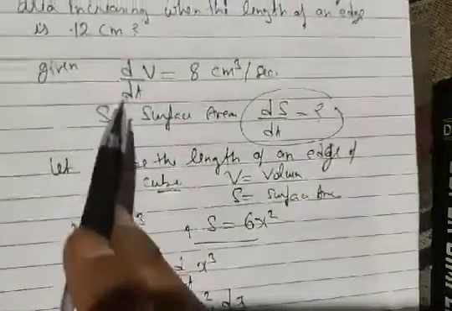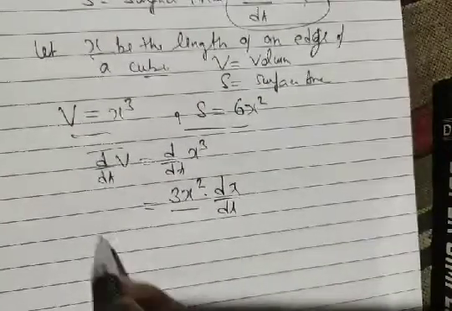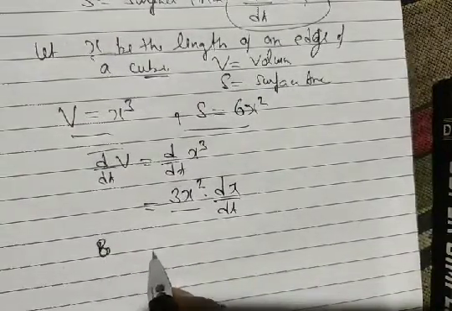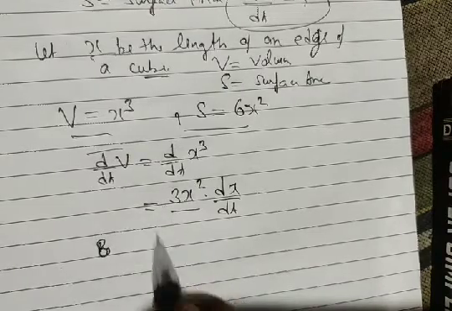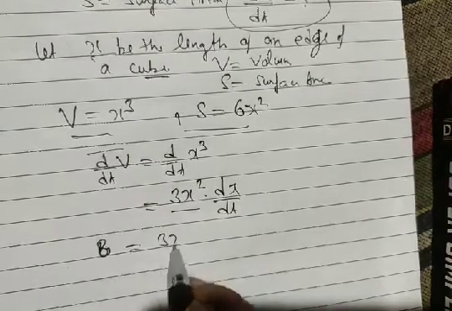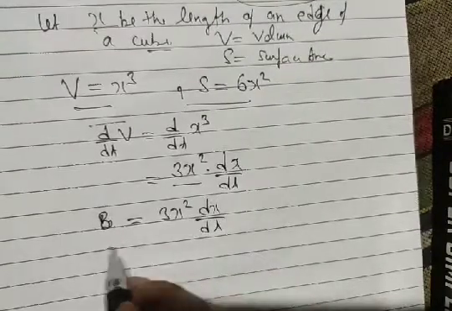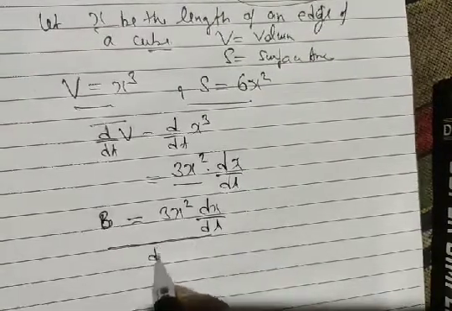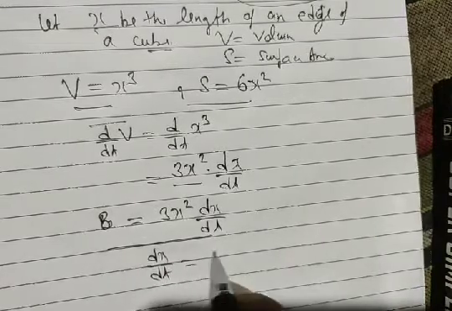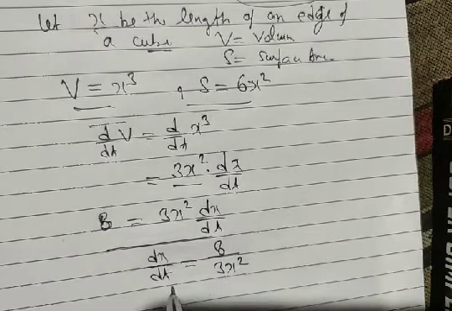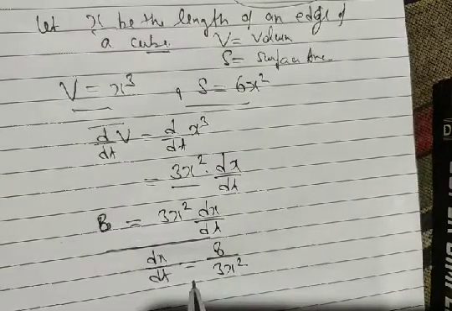In the problem dV/dt is 8 cm cubed per second, so we put 8. 8 is equal to 3x squared dx/dt. From here we find the value of dx/dt, which is 8 upon 3x squared.